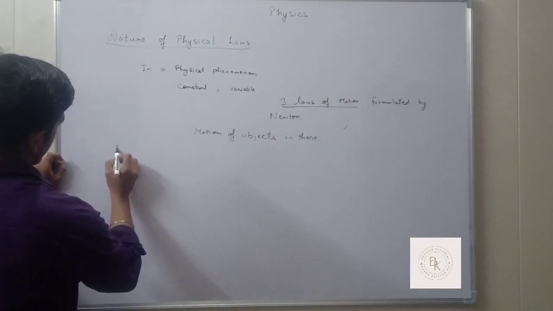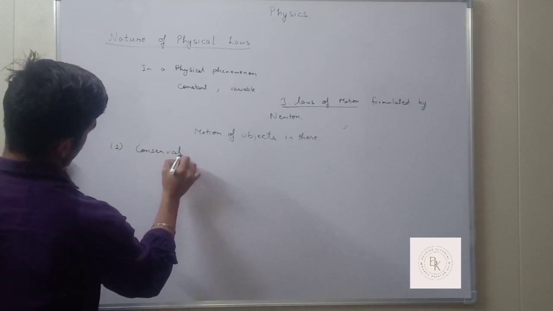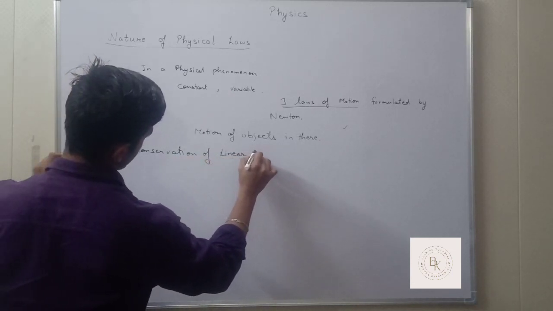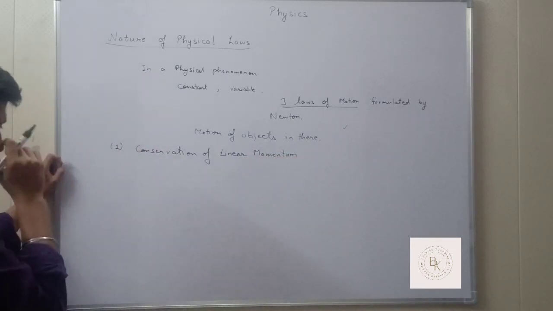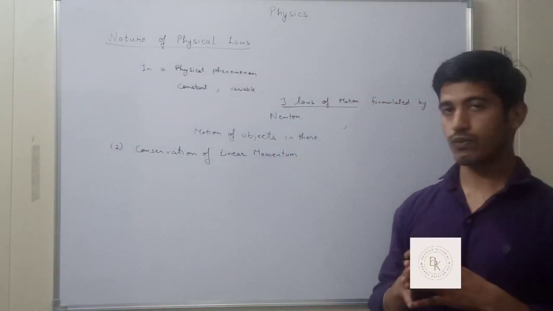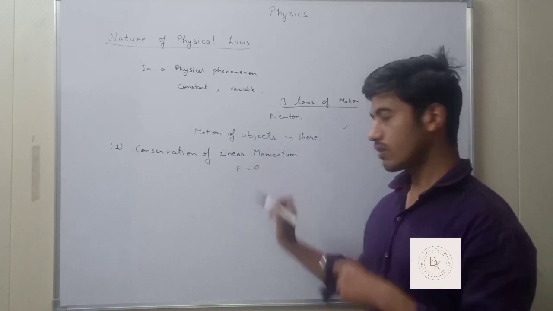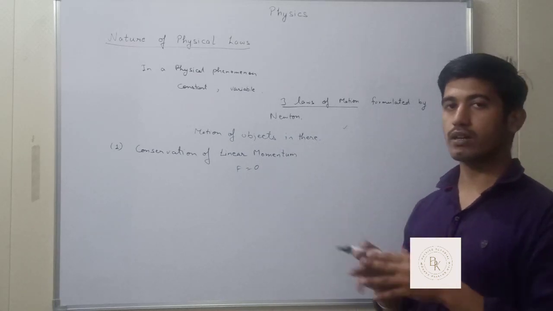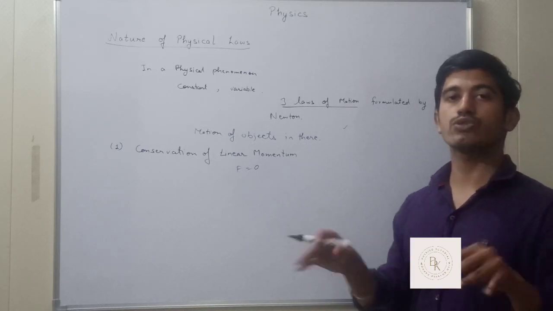Okay, so the first conservation law is the conservation of linear momentum. So what do we mean by conservation of linear momentum? It says that in the absence of any outside force, for example, in a system, if the net force is zero, and there are two particles inside the system, and they have some linear momentum due to their mutual interaction.